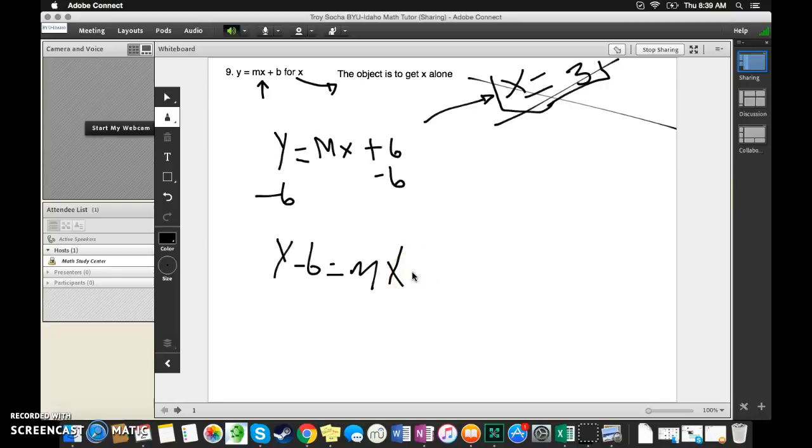When we subtract b, it can't be combined with y, because they're different. So therefore mx must equal y minus b. That's just how it must be. If we knew what b and y were, we would know what mx is, but we don't know. Therefore, it stays like that.